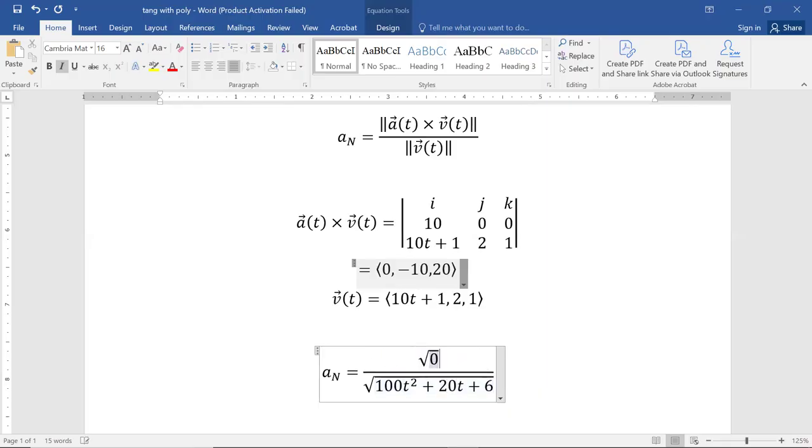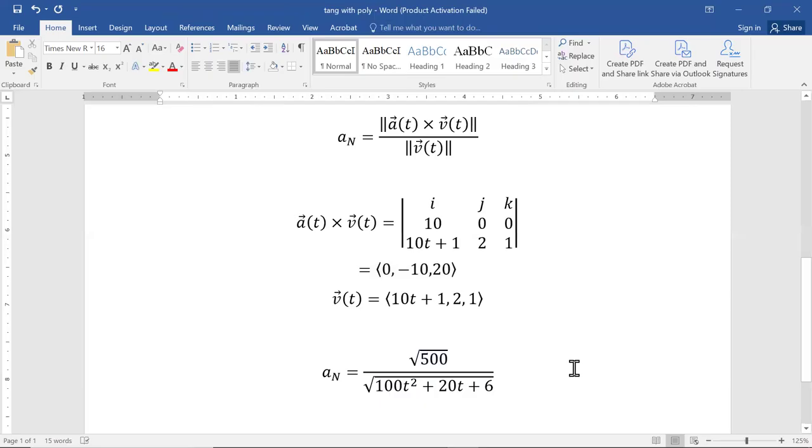And the numerator is the square root of 500. Again, in this one, the cross product of acceleration and velocity is pretty nice. So we can deal with this.